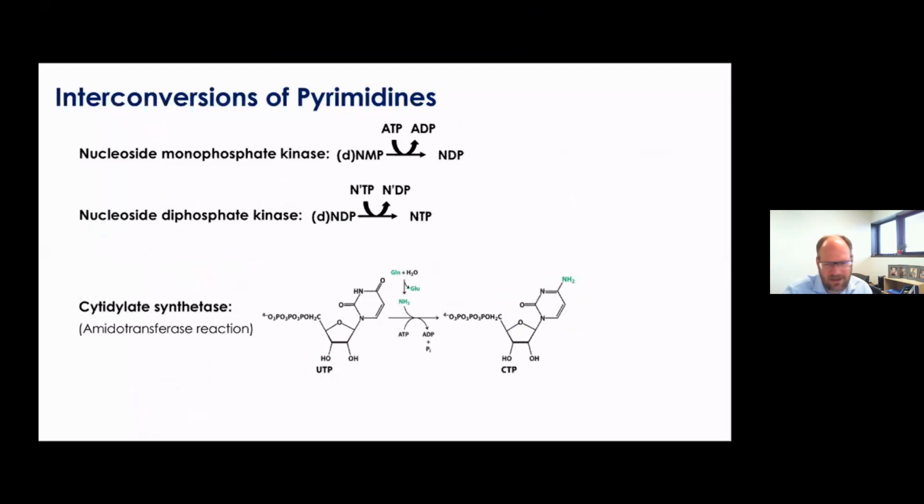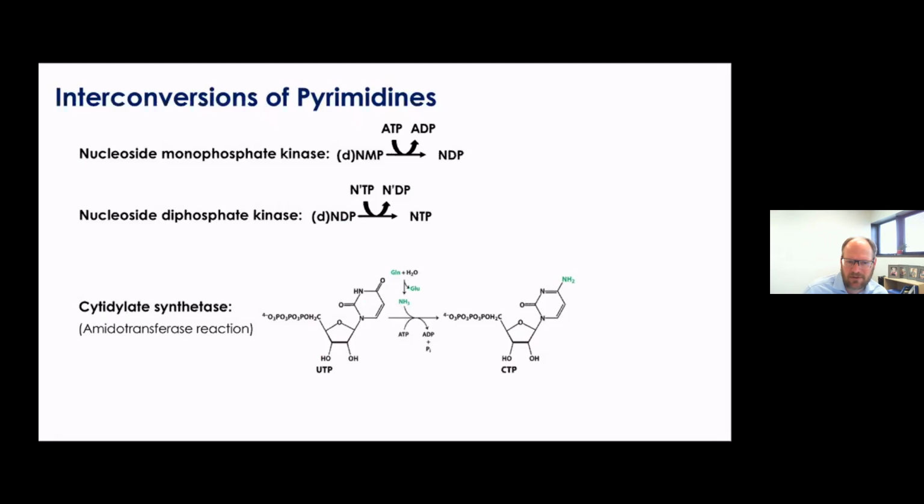So then how we make the nucleotides is, we start with these monophosphates and we add on extra phosphates to make NDPs or nucleotide triphosphates. We do that with either nucleotide monophosphate kinases or nucleotide diphosphate kinases. And then from UTP as a precursor, we can make CTP.